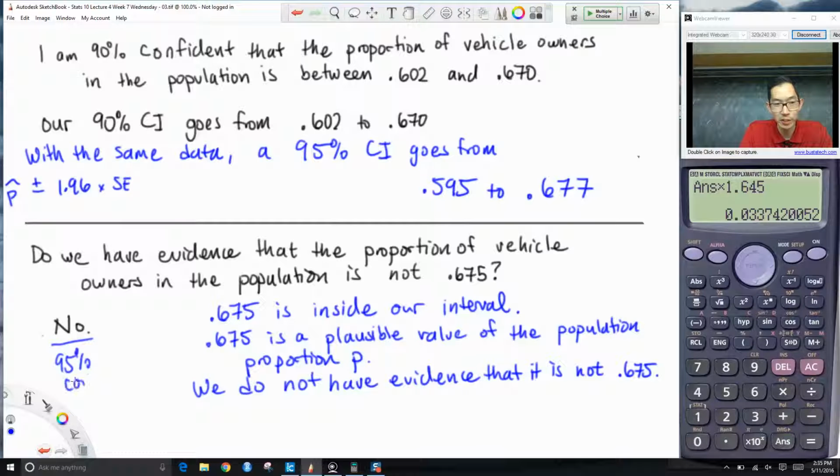Lower confidence, meaning you might be wrong more often, leads to narrower intervals. Narrower intervals are generally desirable, but lower confidence is the less desirable thing.